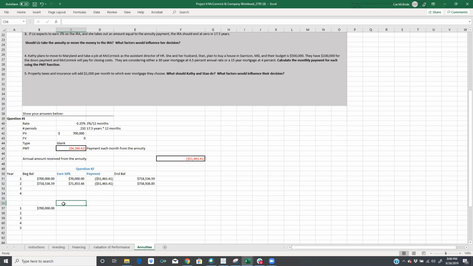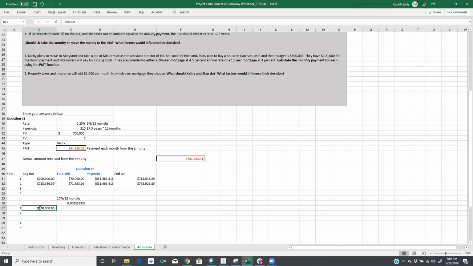This is annual, so we want 10% divided by 12 months. So this is actually our rate, 10% divided by 12 months.